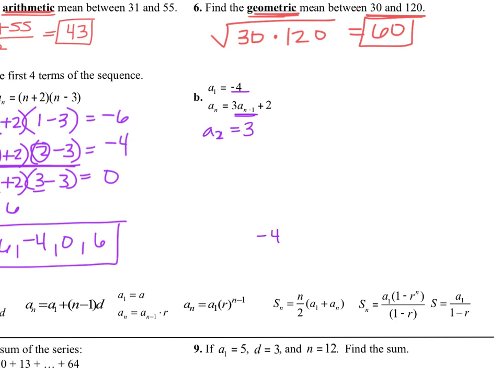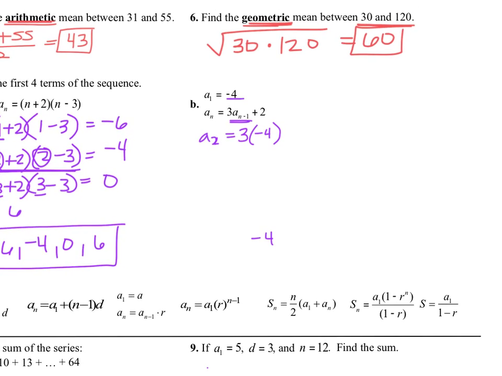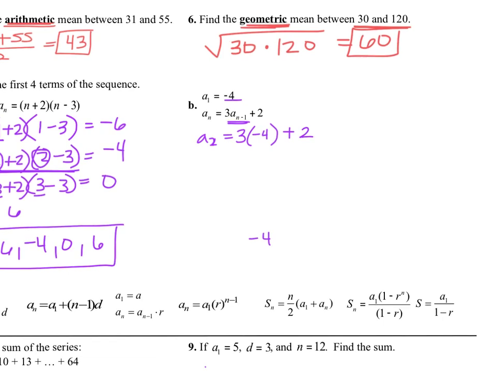That's the term right before it. So for the second term, I want a sub 1. 2 minus 1 is 1, right? So I want to plug in my last term right here, -4. My previous term is a better way to say that, I guess. So a sub 2, that comes out to -10.